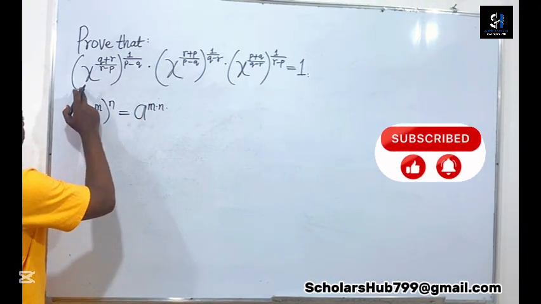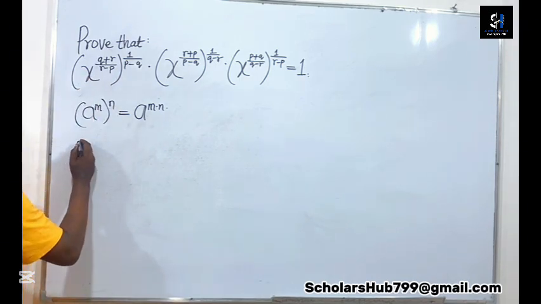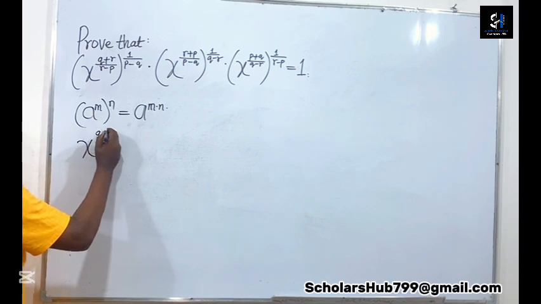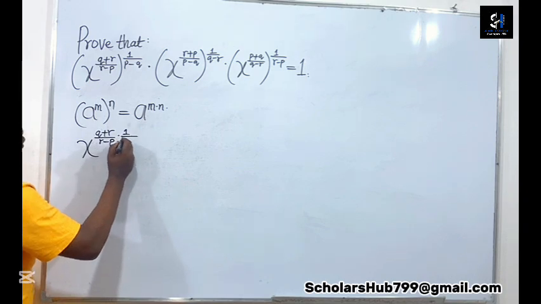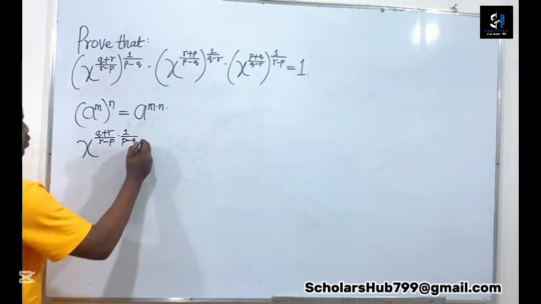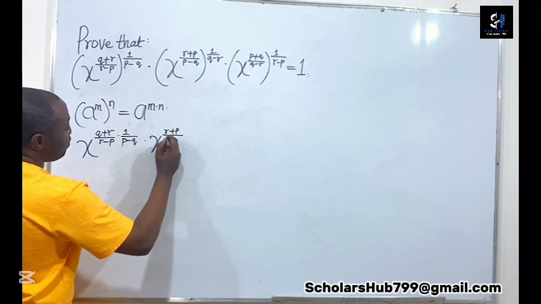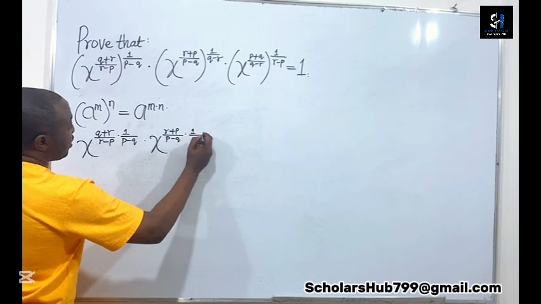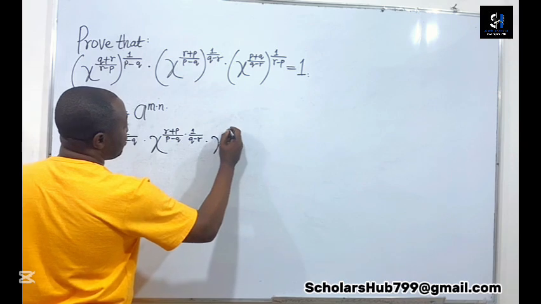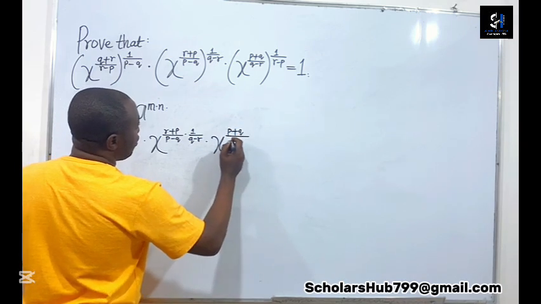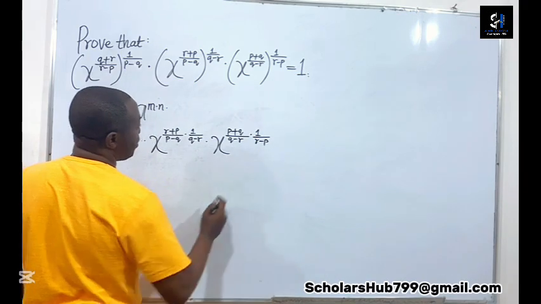So if you remove this, then we're going to have x raised to the power of (q plus r) over (r minus p) multiplied by 1 over (p minus q), multiplied by x raised to the power of (r plus p) over (p minus q) multiplied by 1 over (q minus r), multiplied by x raised to the power of (p plus q) over (q minus r) multiplied by 1 over (r minus p).